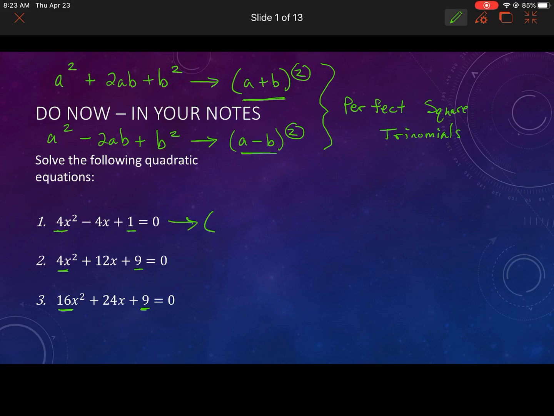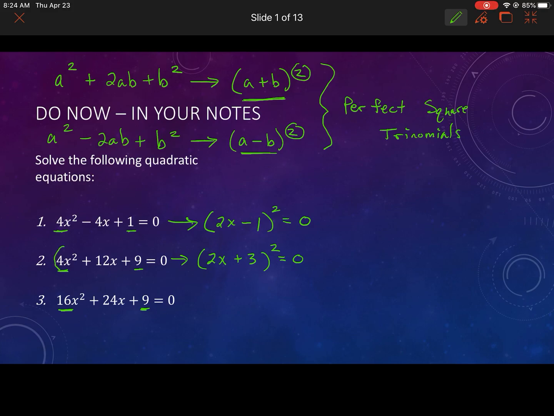So we're going to factor the 4x squared minus 4x plus 1, and that's going to factor down to a 2x minus 1 squared. The second one is going to factor down to 2x plus 3 squared. Right?